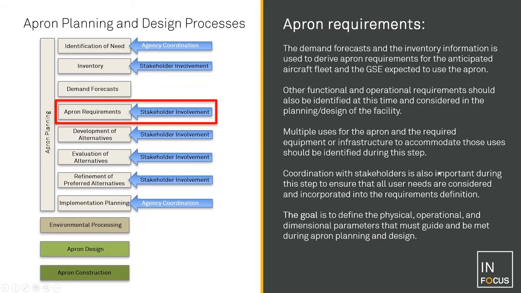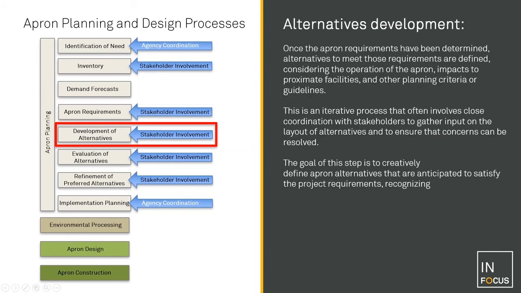The apron requirements here, again, we consider demands and forecasts. If you're looking at doing extension planning, maybe you're just working on improving existing infrastructures. Either way, the goal here is to define the physical and operational, so the dimensional parameters of the geometry, which is where we bring also AviPLAN into the whole situation, and begin to develop alternatives.